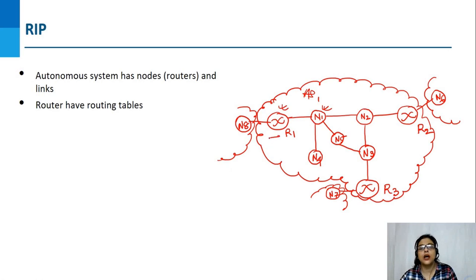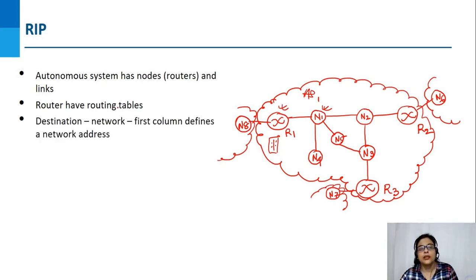Routing tables are there in the router, which consists of the to field, the cost field and the next node field, whereas the networks do not have the routing tables. The destination field is basically the network field, and the first column of the routing table, which we have already learned in a previous video, will define the network address.